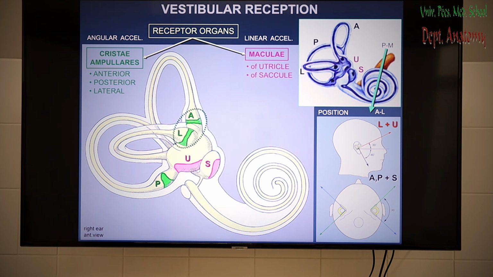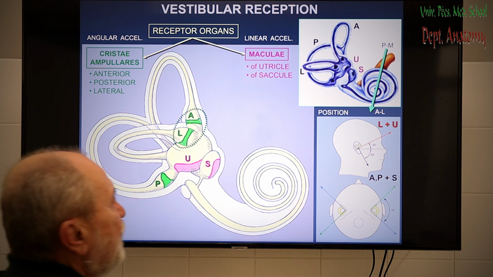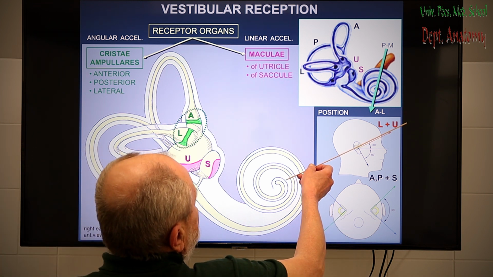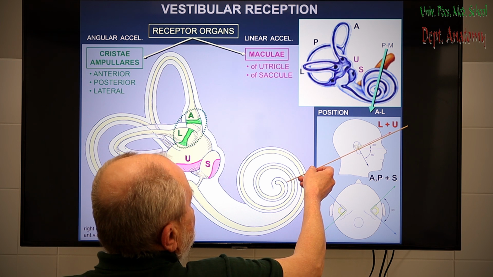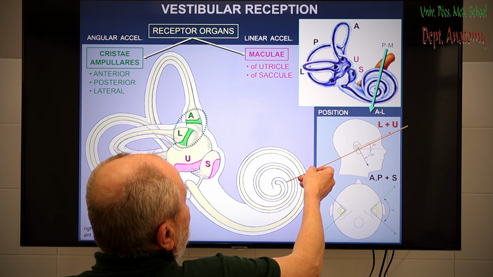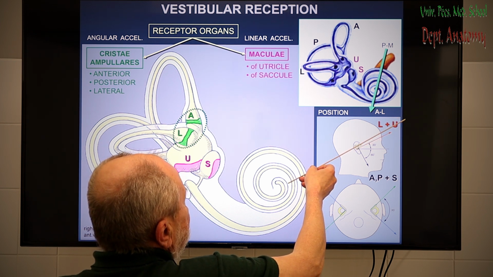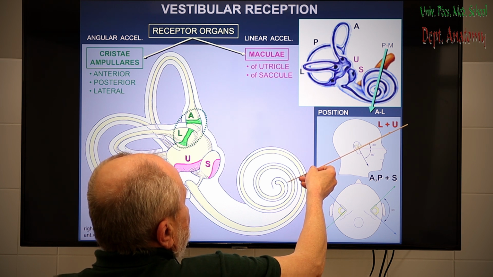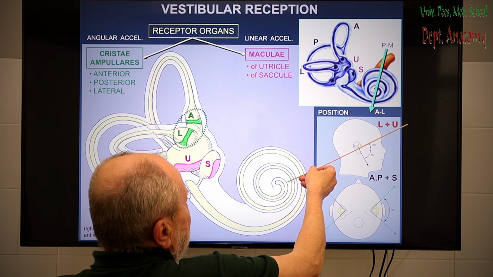emphasized, that in normal anatomical position, the plane of the lateral semicircular canal is not exactly horizontal, but tilted something like 30 degrees upward anteriorly. This has a practical reason.